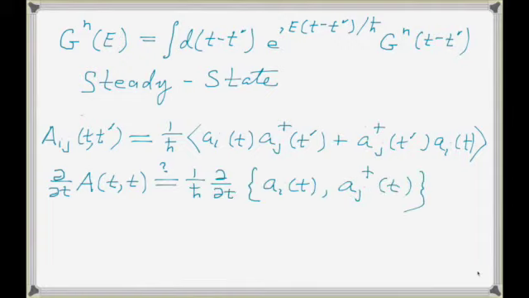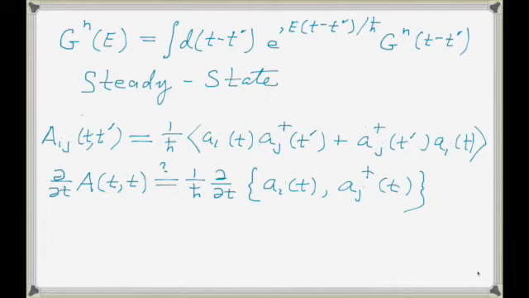How about now? What's that thing in the curly brackets? It's an anti-commutation. What's its value?